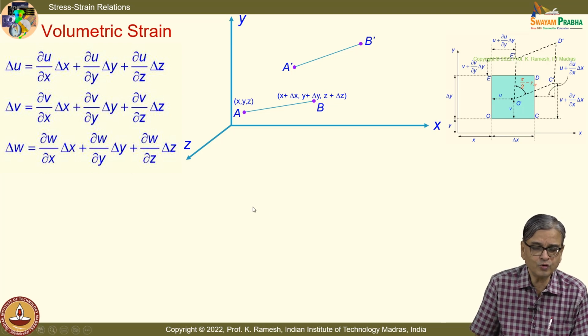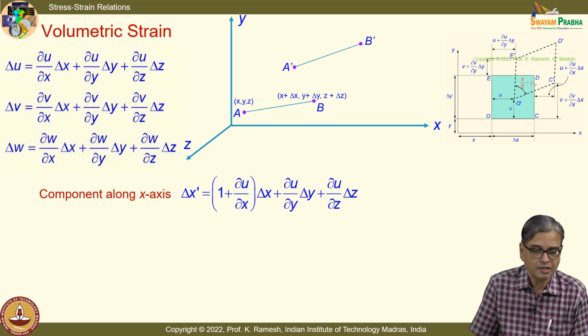Now, what I am going to do is, I am going to take an element which is along the x direction. Okay. Before that, let us also understand, when I go from AB to A prime, B prime, the B has got shifted. Okay. B prime has got shifted.